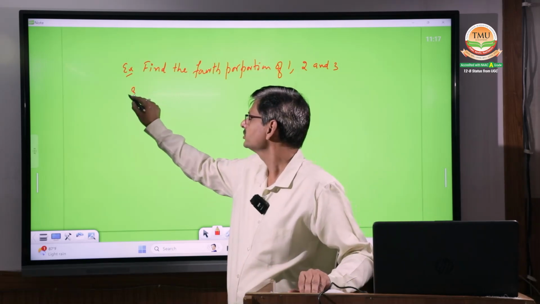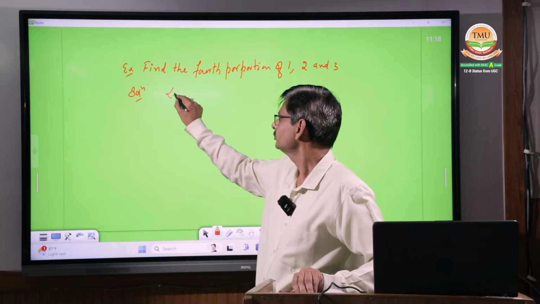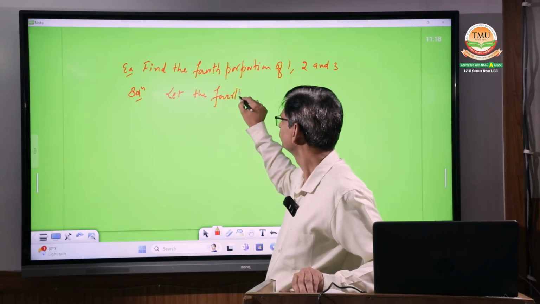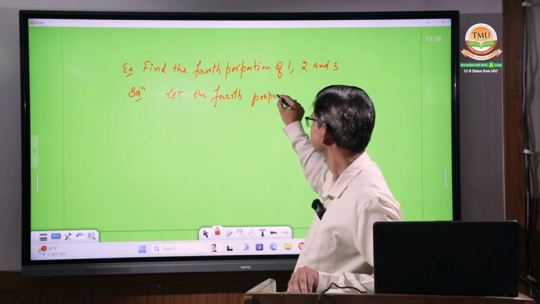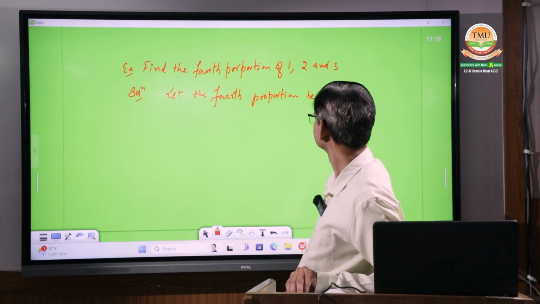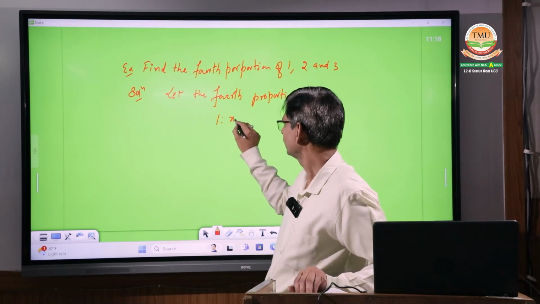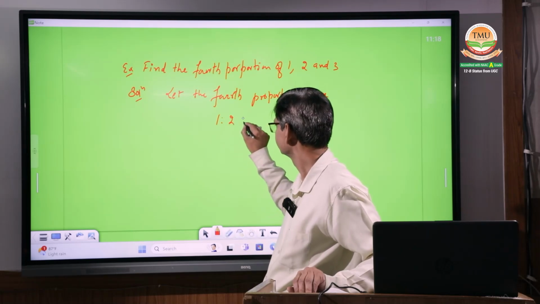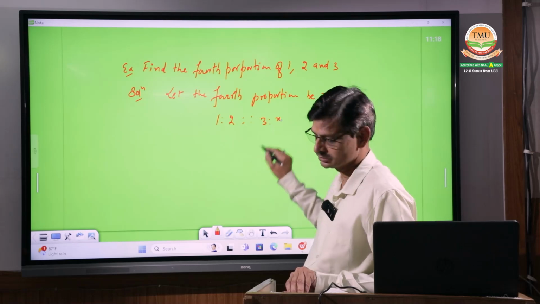The solution of this type of problem is: let the fourth proportion be x, that is 1 is to 2 proportion 3 is to x.